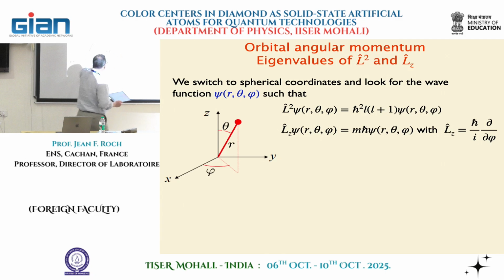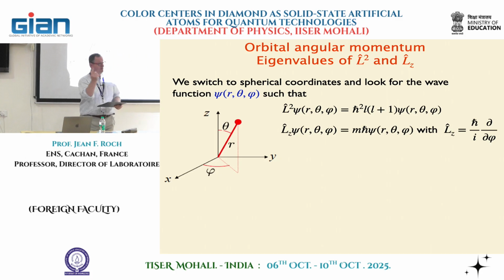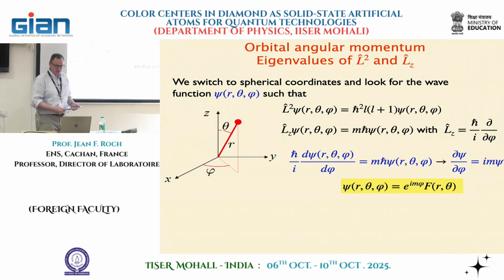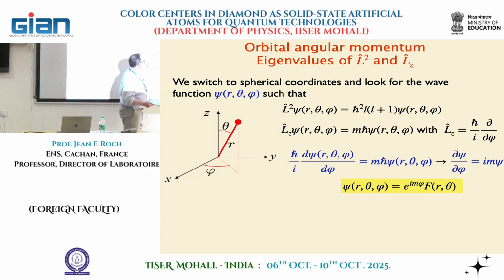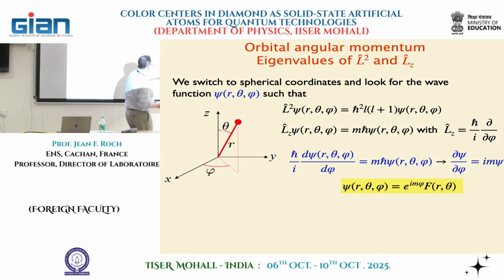And now I just need to remind you that the Lz operator in spherical coordinates is simply h bar over i times the partial derivative with respect to the angle phi. Now, if I take that into account and put this expression here, what I obtain is that the dependence of the wave function on this azimuthal angle is simply a multiplication of psi by i times the quantum number m.